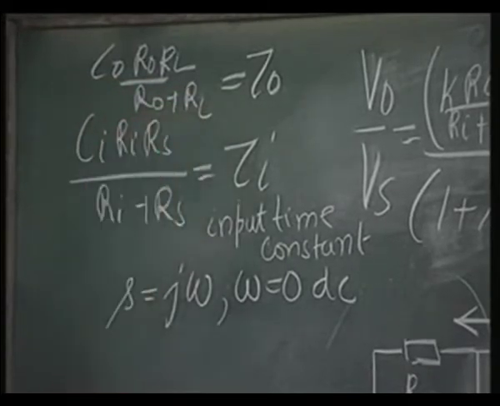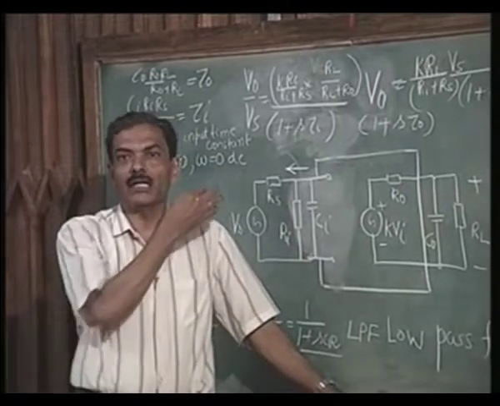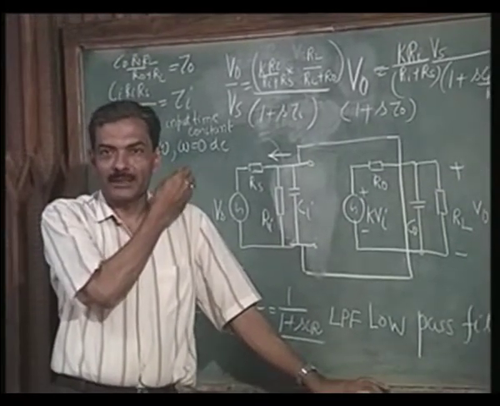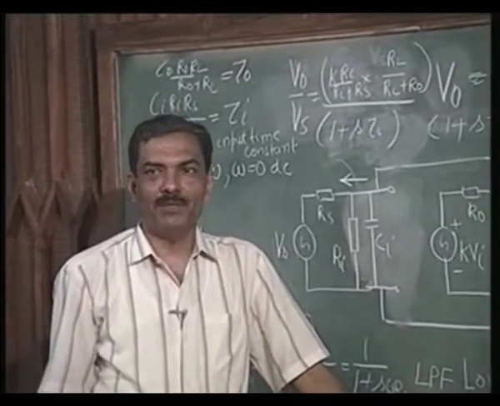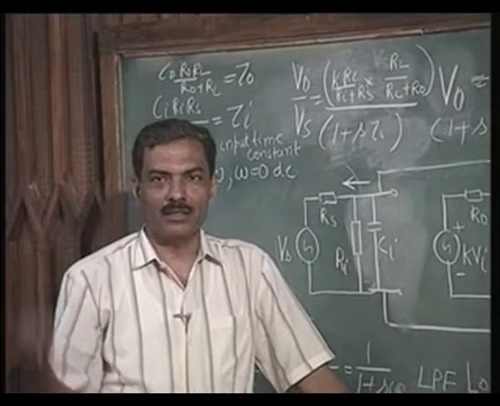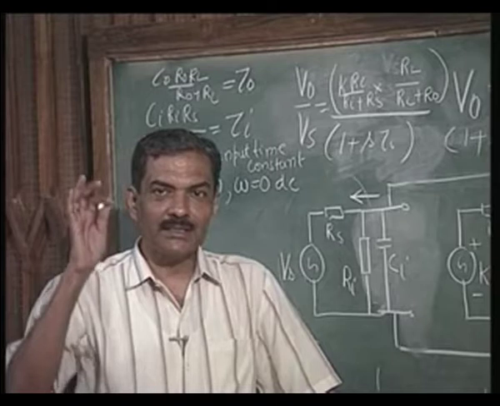For any amplifier, the input time constant and output time constants are always the same as what is indicated here. Whether it is a FET amplifier or an operational amplifier or a bipolar junction transistor amplifier, these definitions remain the same.